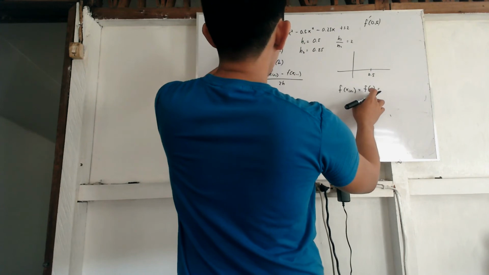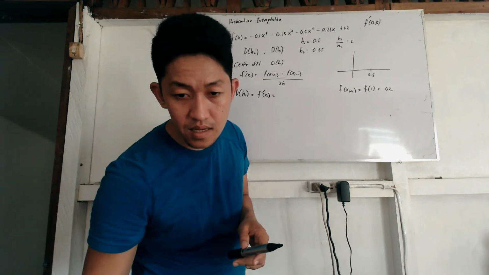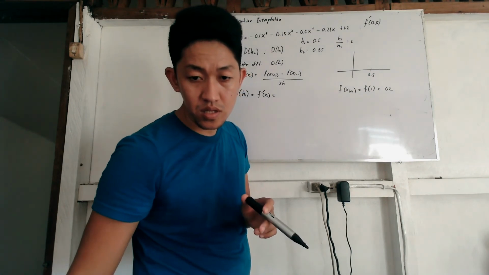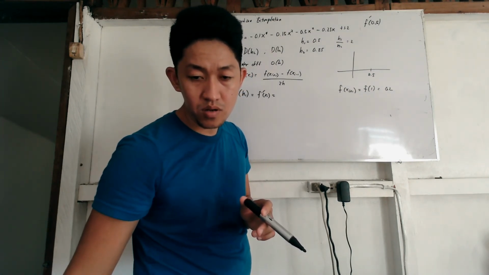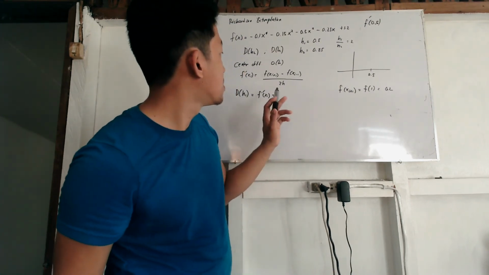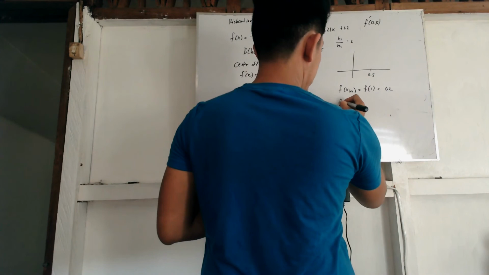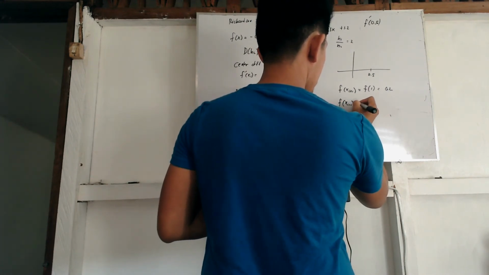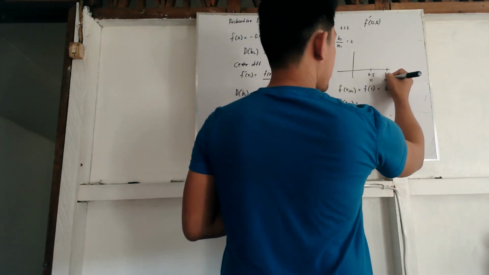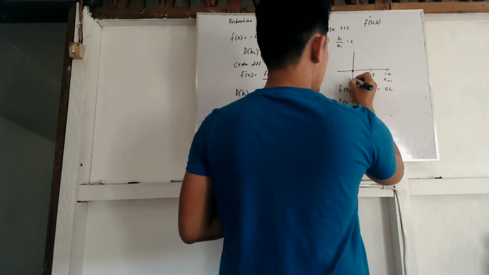Therefore, f of 1 is 0.2, based on our calculation. And then f of xi minus 1, what is it? If xi is 0.5, then xi minus 1 is 0.